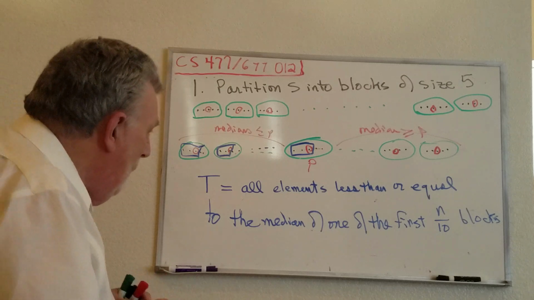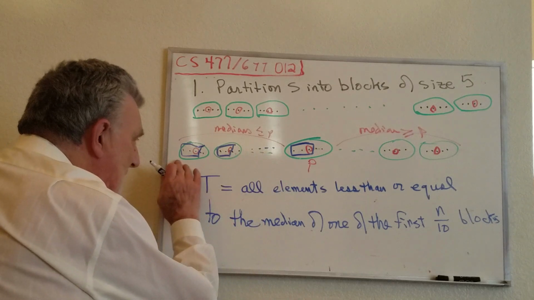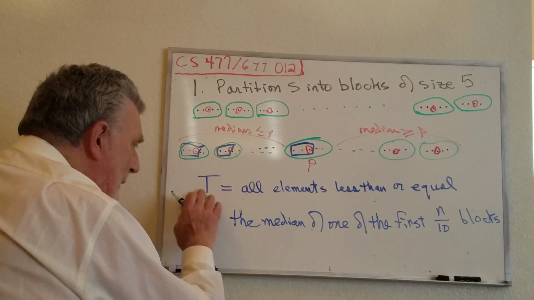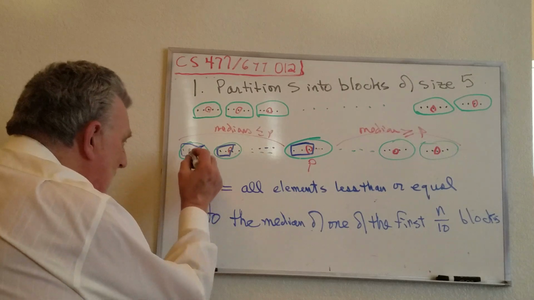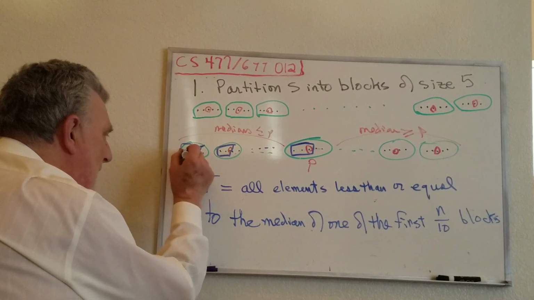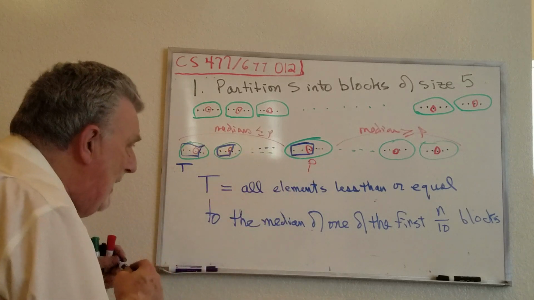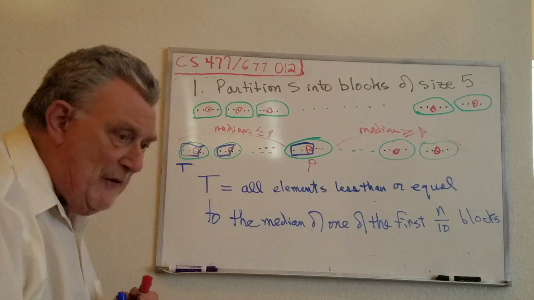Now, what I'm going to do is I'll consider all the blocks whose medians are less than or equal to P. And I will take a set T, which is all these boxes, all the elements that are less than or equal to the median of each block, which is on the left side of the middle block.